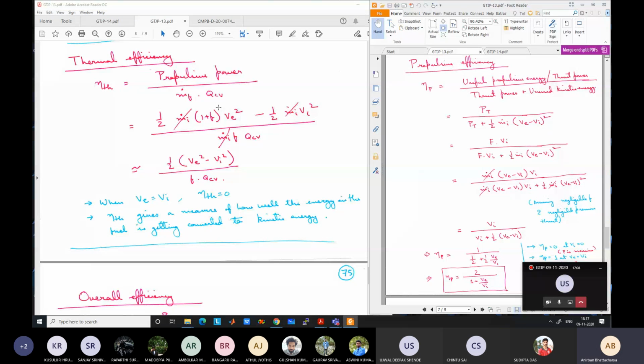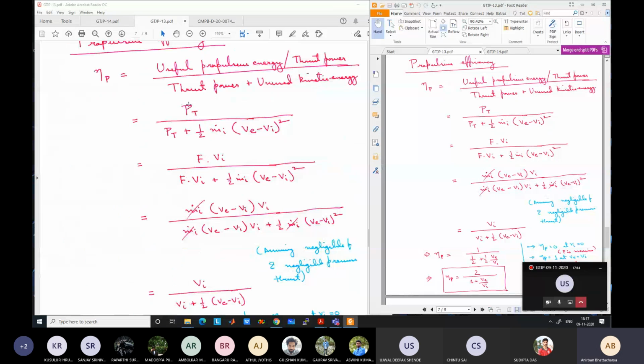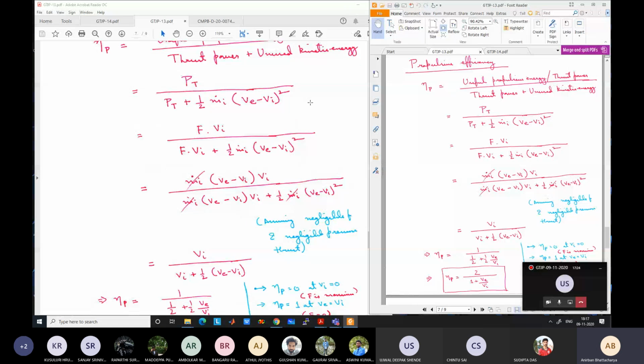Now the second part is how effectively this additional kinetic energy that was generated is being used by the engine for moving forward. Because we know that all of the energy is not used. Some of it is getting dissipated, which is getting lost to the atmosphere. And it is getting effectively used only if the velocity of the aircraft is near to the exhaust velocity.